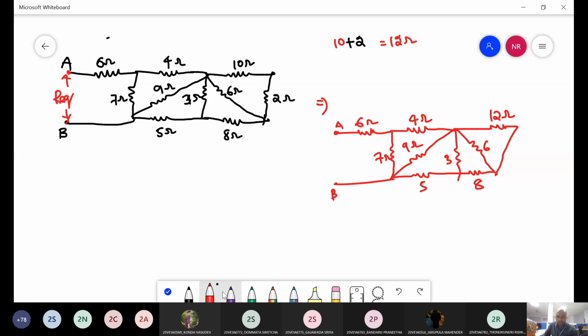Now these two elements 12 and 6, these two are parallel. So 12 parallel with 6. So that is 12 into 6 by 12 plus 6. How much it is?